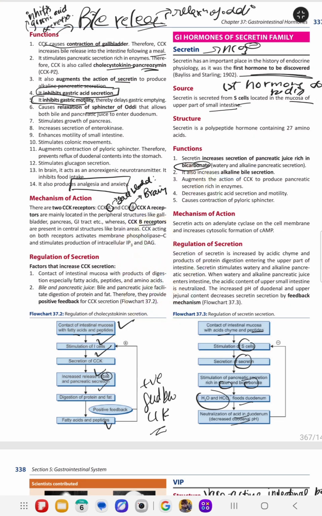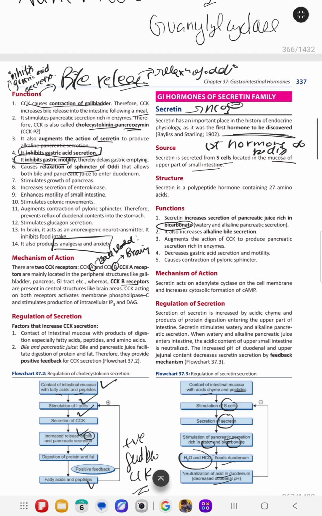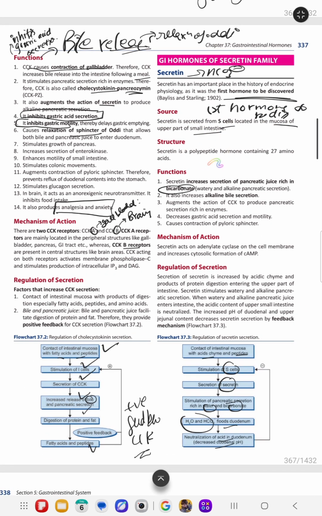Right. Now, GI hormone of the secretin family. Secretin, one of the most important, is the first hormone to be discovered. It is secreted from S cells, located in the mucosa of the upper part of the small intestine. Same as above, it is a polypeptide hormone. Function is it increases bicarbonate secretion, or pancreatic secretion. It is secreted in pancreatic juice.